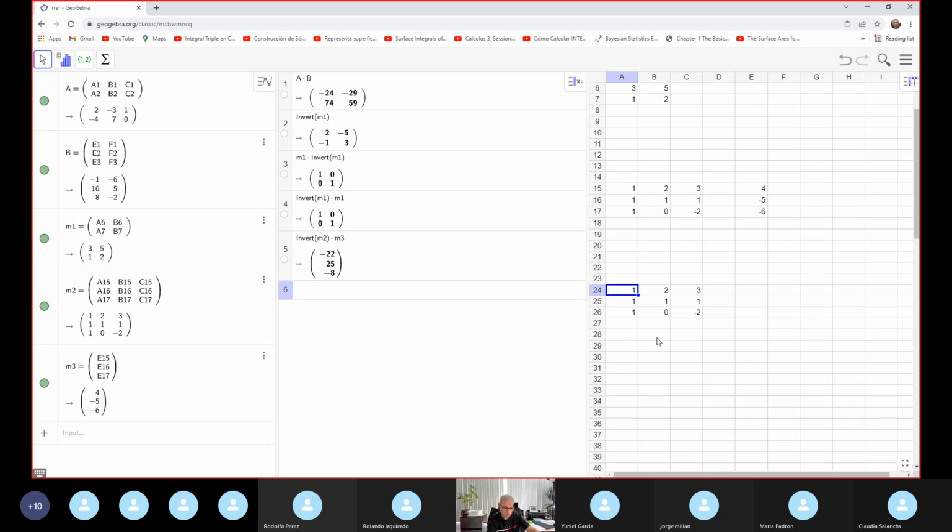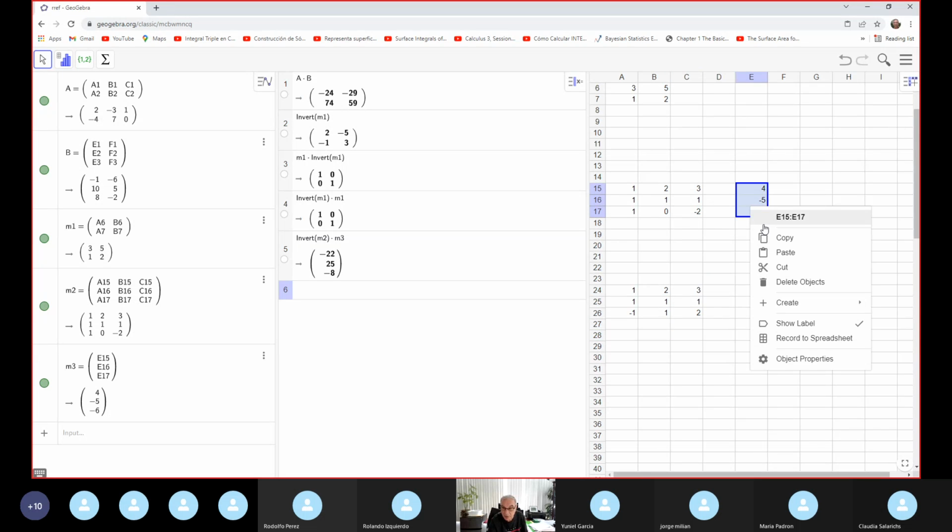It's 1, 2, 3, 1, 1, 1. This is negative 1 here. You change negative 1 to positive 1. And 2 positive, no negative. And this one is a completely different number, but I copy paste only to keep the dimension and the position.